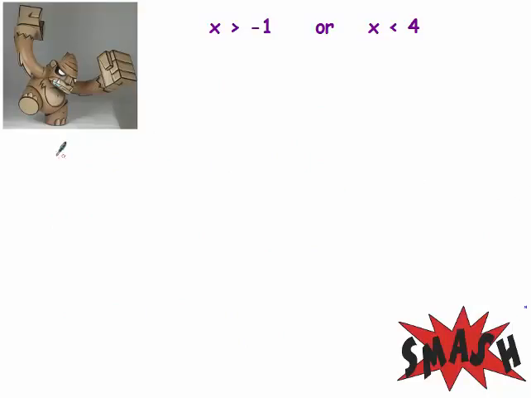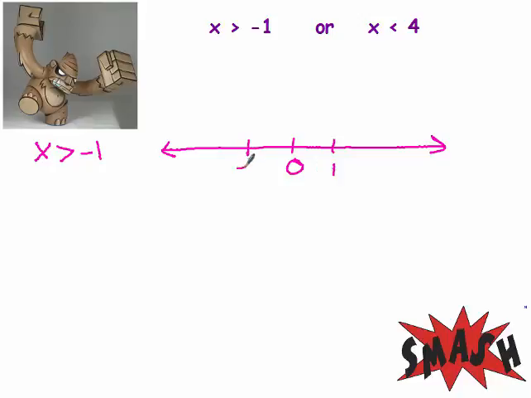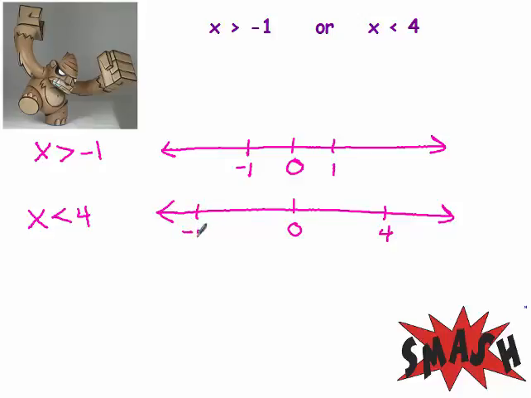Again, start with your 3 graphs. So we've got X is greater than negative 1. I have my X is less than 4. And then I have my final disjunction graph of X is greater than negative 1 or X is less than 4.